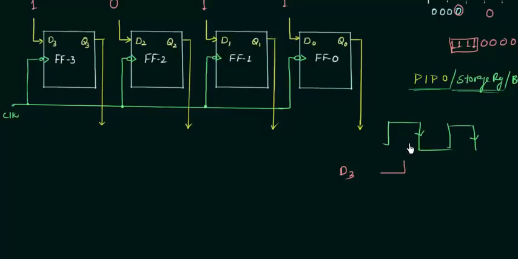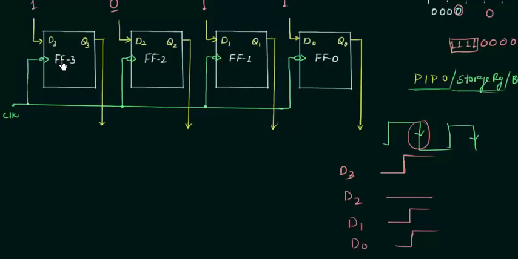This is a good practice to do, and we always do it. Before the clock pulse arrives, we make the input that we want. In the same way, I will make D2 equal to 0 because it is 0, D1 equal to 1, D0 equal to 1. And once this falling edge is there, once we have the negative edge triggering, the flip-flop will be operational.